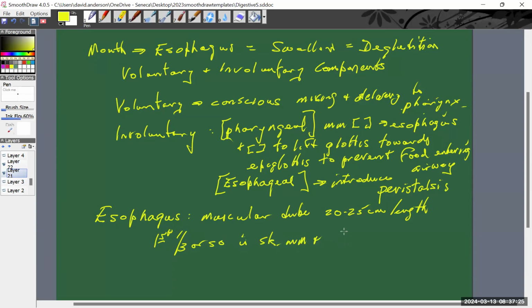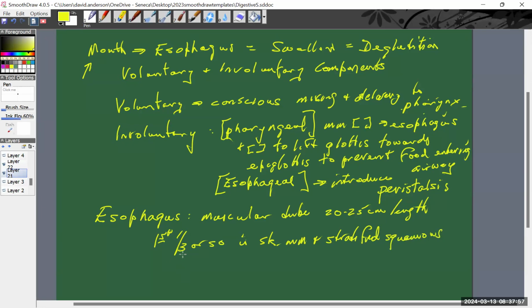And I didn't mention for the mouth, but with the mouth, it's a stratified squamous epithelium. So again, we're not going to see that simple columnar epithelium that we typically see. In the mouth, it's subject to more friction from dry foods or large molecules of food. So we're going to see a stratified squamous epithelium. And in the proximal third or so, we still see a bit of that stratified squamous epithelium.